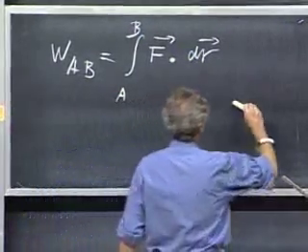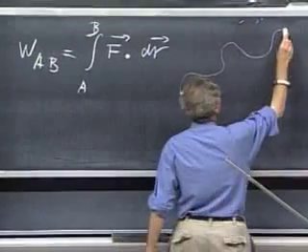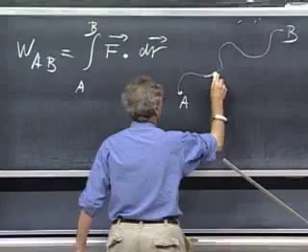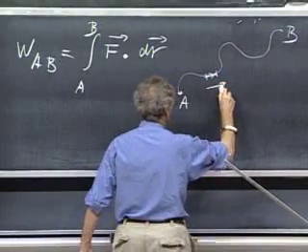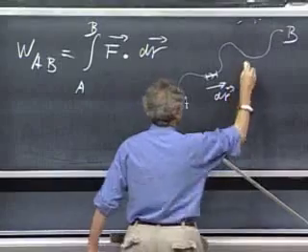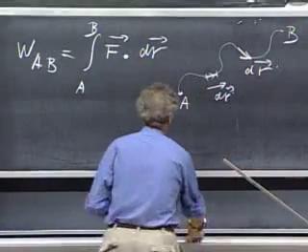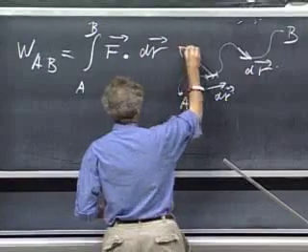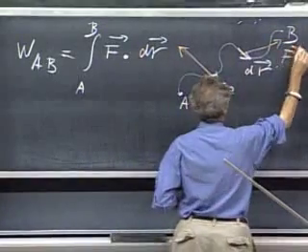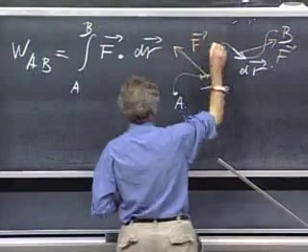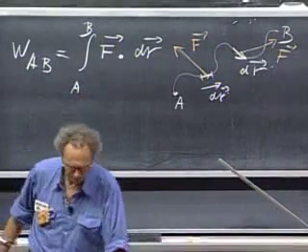displacement. So if this is from A to B, then dr here, if you go in this direction, this would be the little vector dr, and here that would be a little vector dr. And the force itself could be like this here, and the force could be like this there. The force can obviously change along this path.